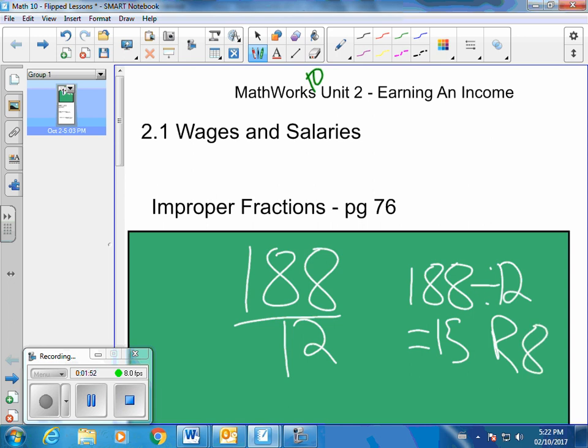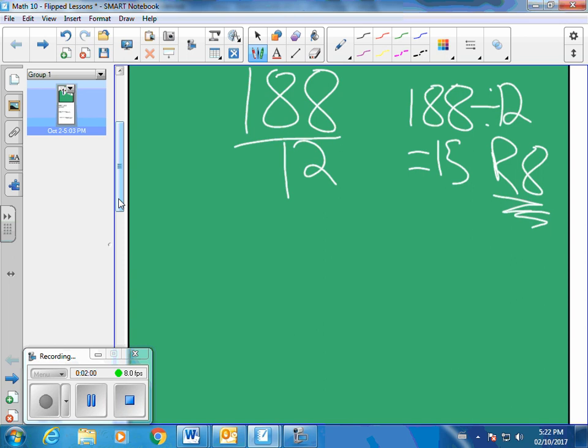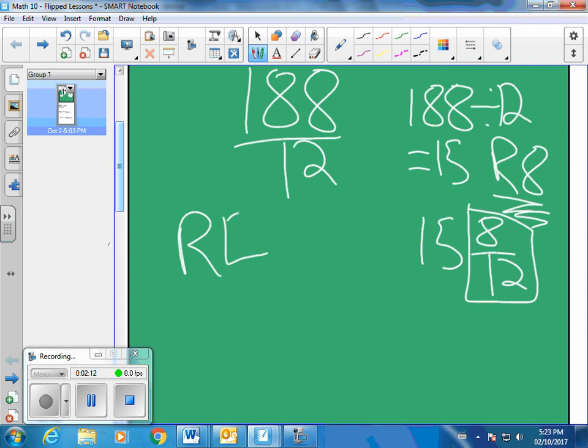This is kind of annoying to deal with. We can eventually turn it into a decimal, but for now we're going to keep it easy and leave it as a fraction. So we're going to get 15 and 8 over 12. But as always with fractions, we always want to reduce.